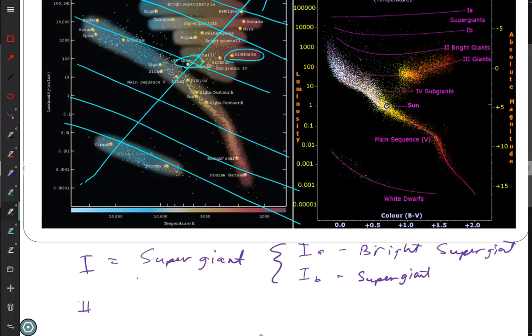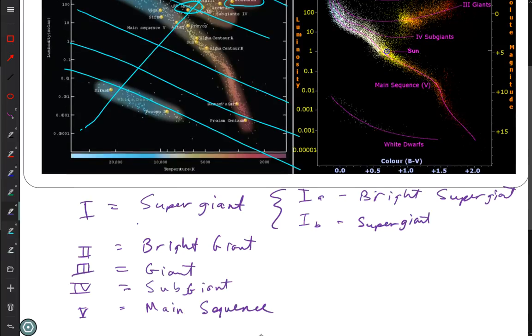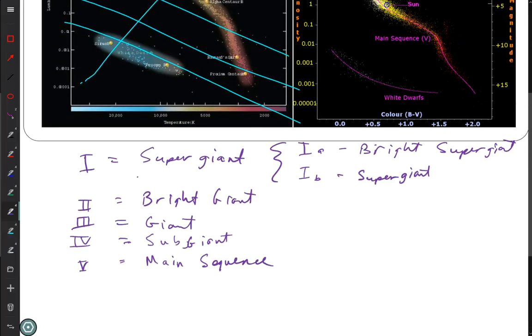And then Roman numeral 2 is bright giant. Roman numeral 3 is just your regular old giant. Roman numeral 4, that's not how you put a 4, is a subgiant. And Roman numeral 5 is main sequence. So those are the luminosity classes.